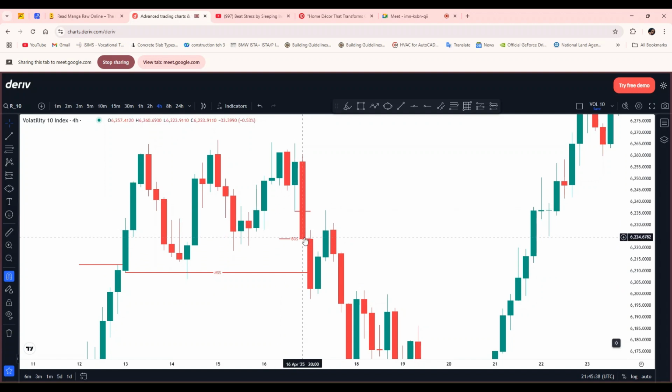So if this is the last break of structure of this downtrend with these two bearish candles, it means if the market distributes against this high and gives us a strong body close, we would get a market structure shift that would indicate that the market is now going back bullish, which we can clearly identify that the market failed to do with this rejection, with the candle not closing above this peak of this current candle that caused the distribution. Let me highlight it once more.